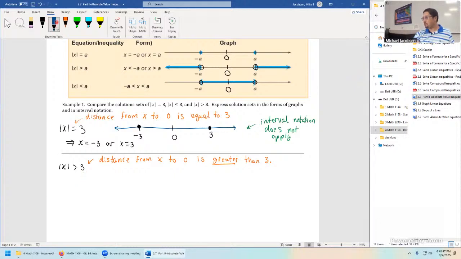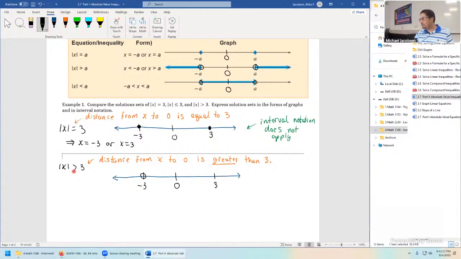So let's rewrite the number line on this one and try to keep them as similar in scale as possible. 0, I'll try to keep in the same location. -3 is just as important on this one, and so is +3. We're going to use an open circle because of the strict inequality here.